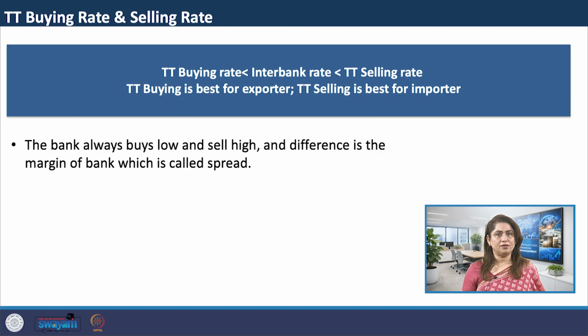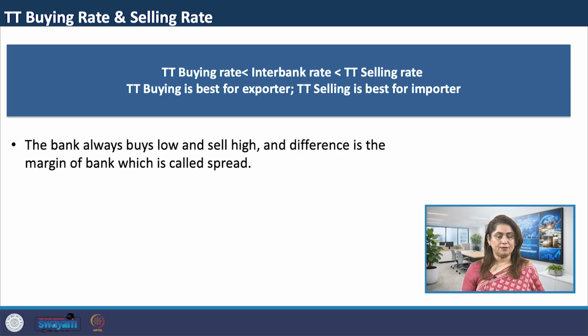Look at this key relationship on your screen. TT buying rate is less than interbank rate, which is less than TT selling rate. This inequality is fundamental. The bank always buys low and sells high, and this is the spread, that is the bank's gross margin.